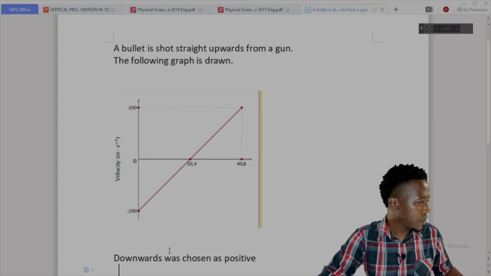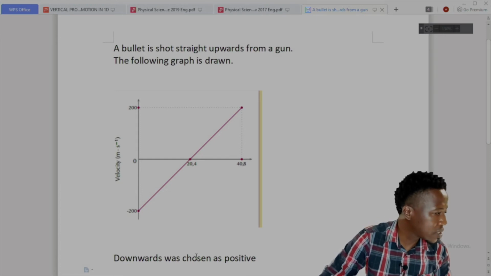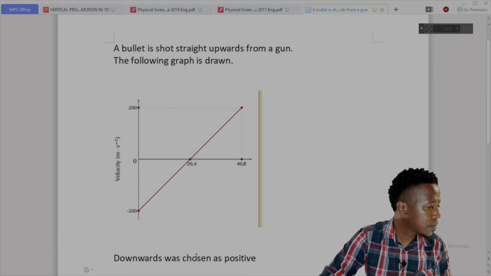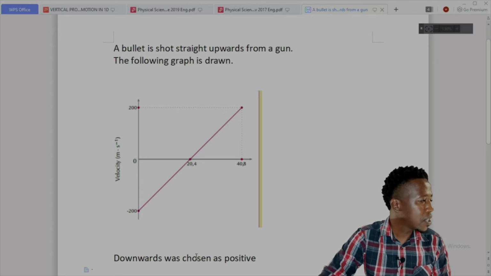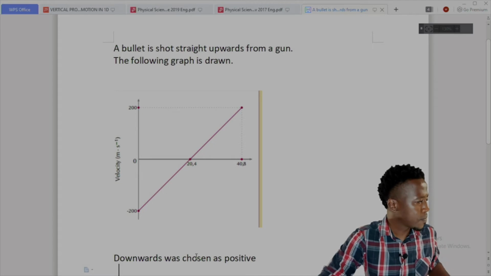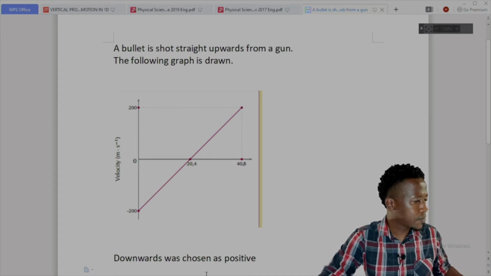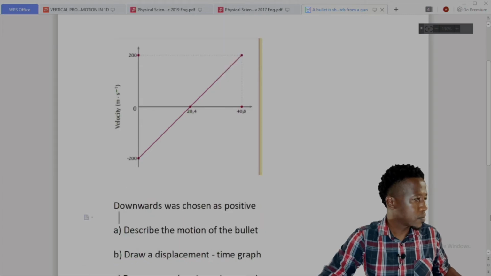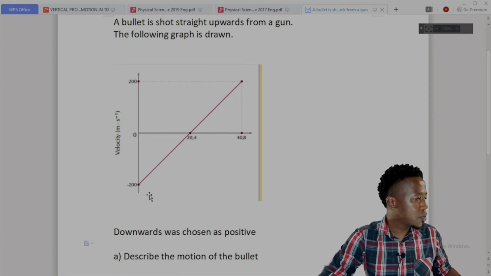Now if downwards was chosen as a positive, it means whatever goes up would be negative, right? Now from the graph, you can see it starts, this is a velocity time graph, right?